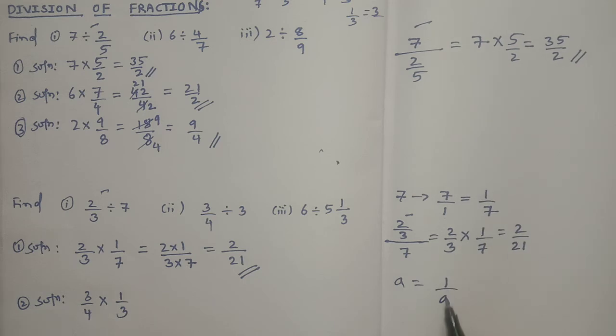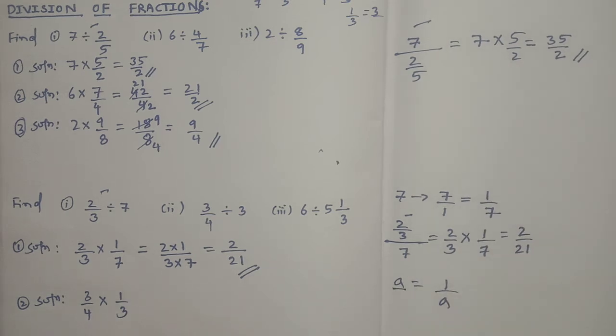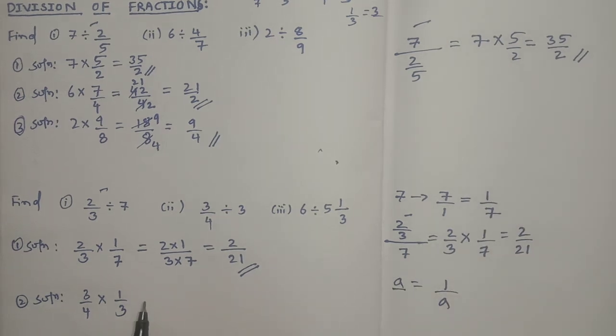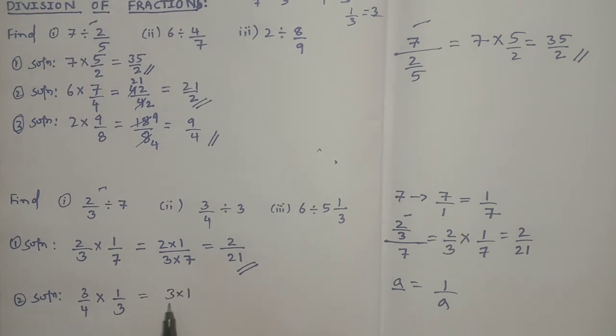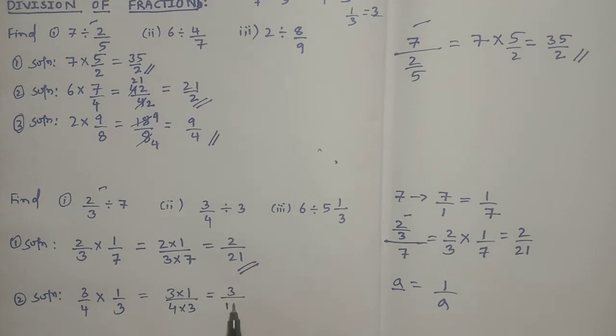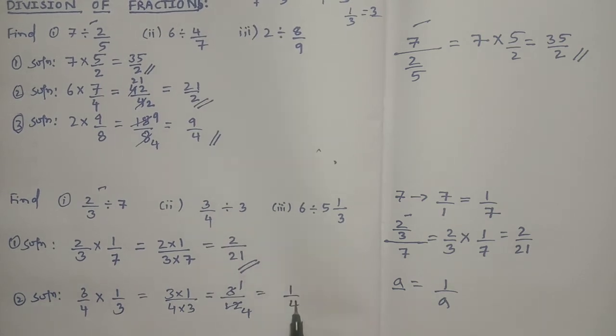Or what is the reciprocal of 1 by anything? Anything. Keep in mind. Now numerator into numerator, denominator into denominator. 3 1s are 3, 4 3s are 12. Answer will be 1 by 4.